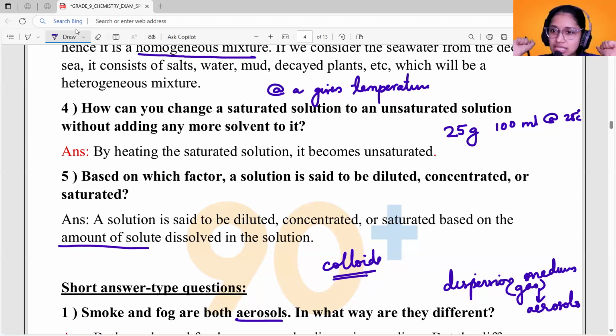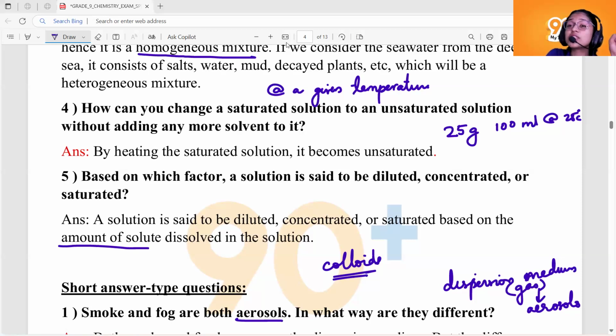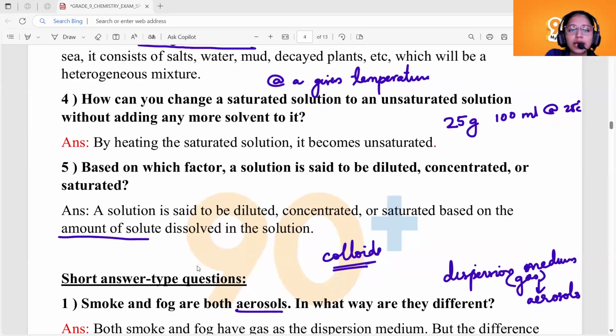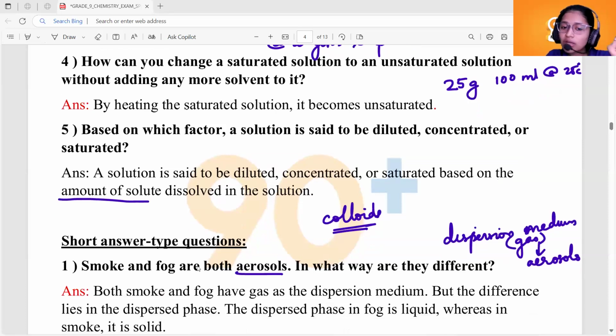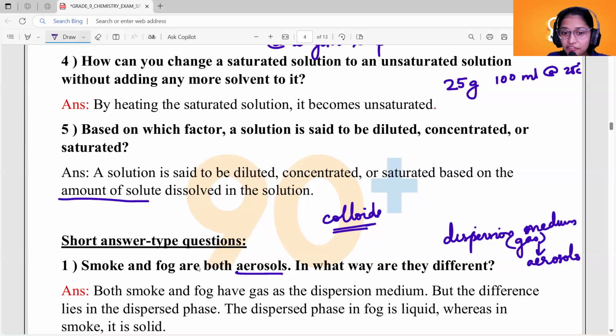Their dispersion medium is the same. It is gas. Then what would differ? Yes, their dispersed phase would differ. Both smoke and fog have gas as the dispersion medium. But the difference lies in the dispersed phase.